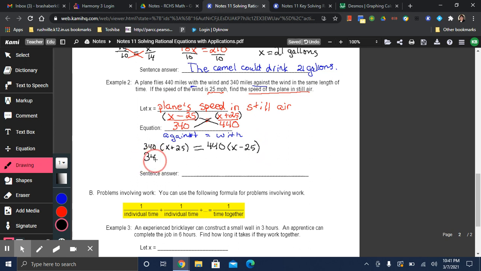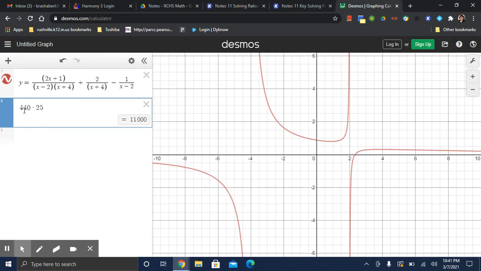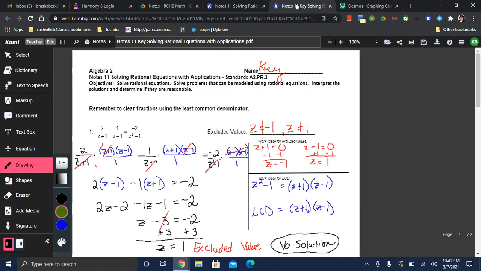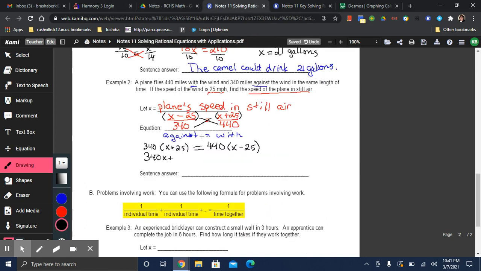So 340x plus 340 times 25. If you need a calculator to do that, you can do that. So 340 times 25 is 8,500. So write that in.